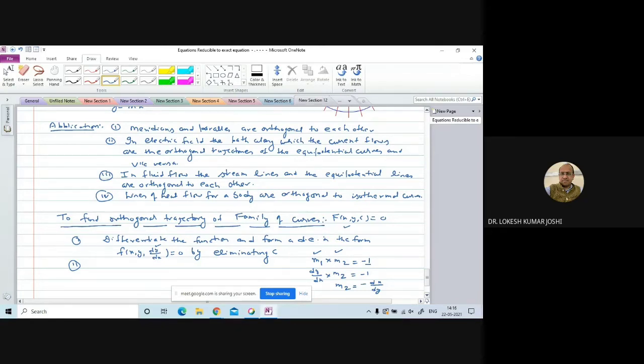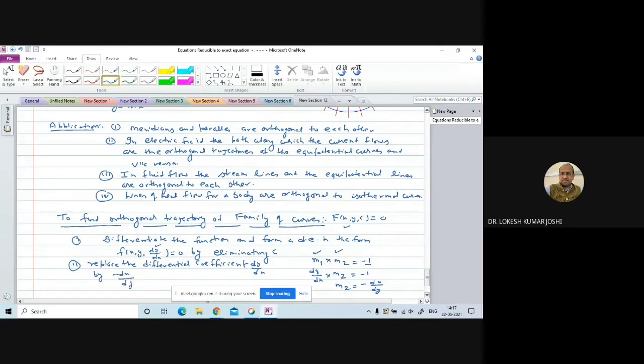Therefore, in step 2 we replace the differential coefficient. What is the differential coefficient? It is dy/dx. Now what do we replace it with? We replace it by -dx/dy.